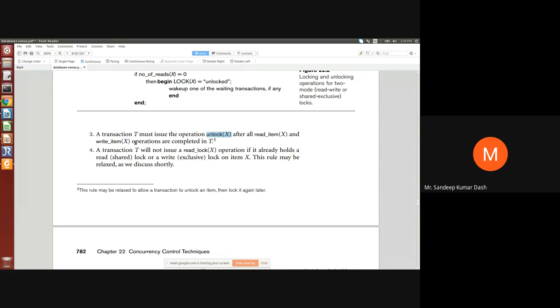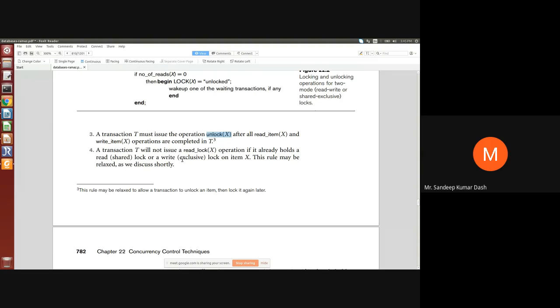Whatever lock it has acquired, it is for either reading or writing. Whenever the reading or writing process is complete, then it can unlock the data item by the unlock X statement. A transaction T will not issue a read lock if it already has a read lock or write lock.